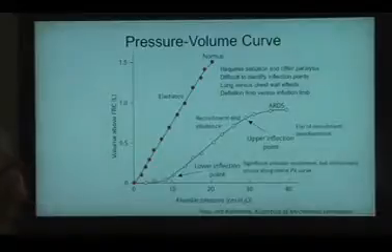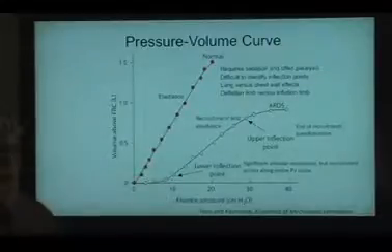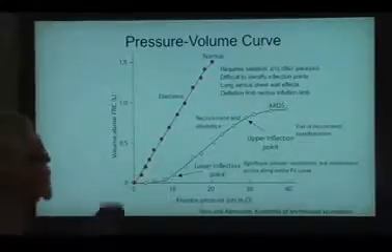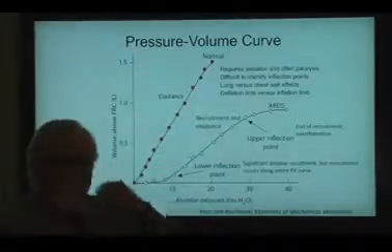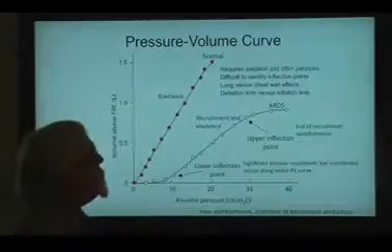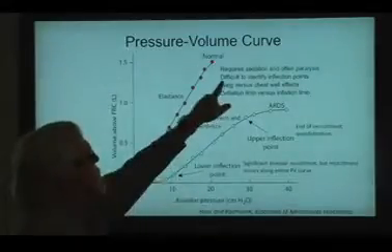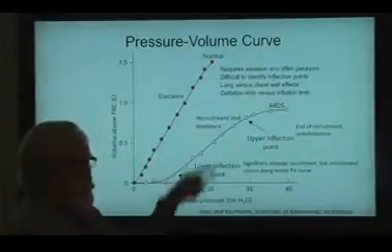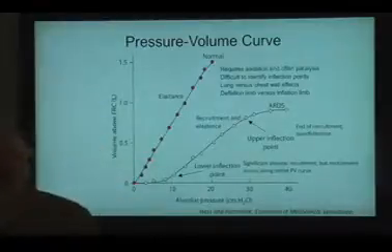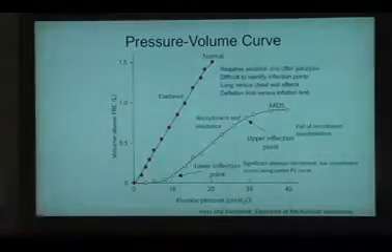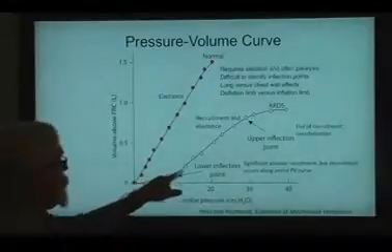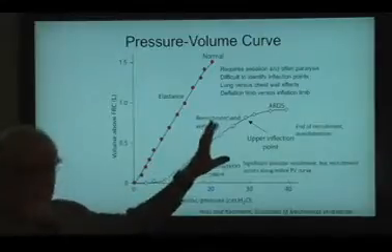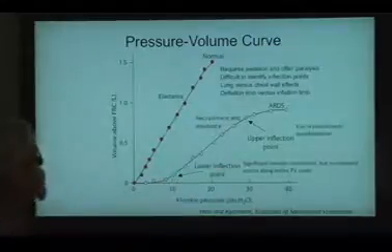Now there are some issues with using the pressure-volume curve to set the ventilator. It requires sedation and often paralysis so that the patient is being passively ventilated. It is difficult to identify the inflection points. And years ago, probably more than 15 years ago, Scott Harris and Jose Venegas and I published a paper where we talked about mathematical curve fitting of this so we could determine more precisely the inflection points.